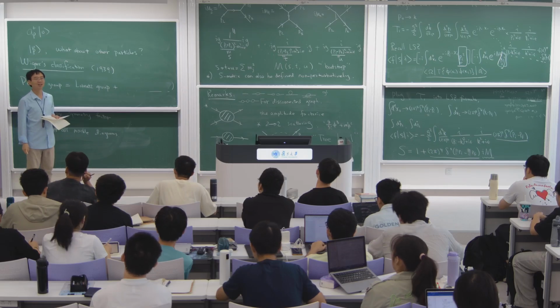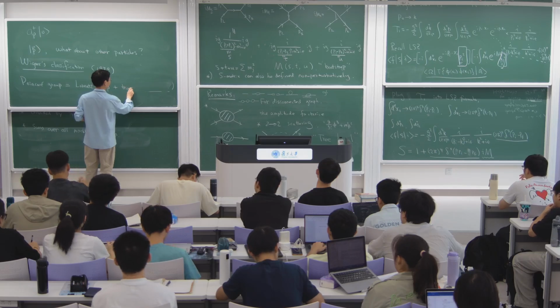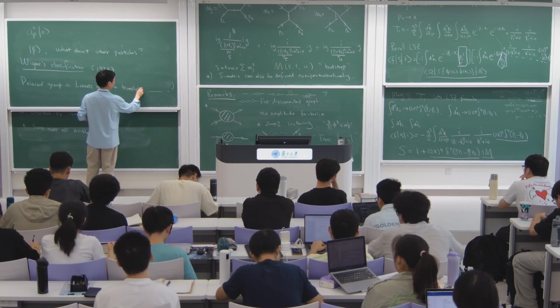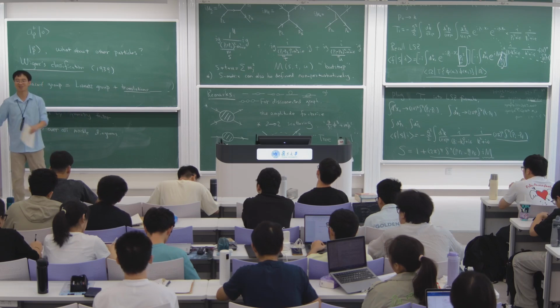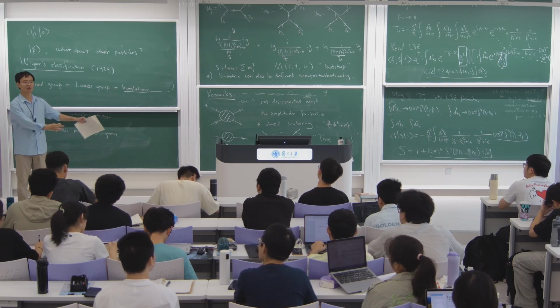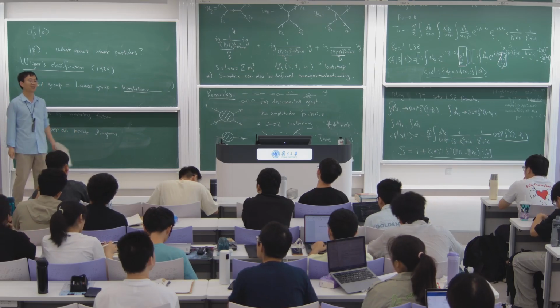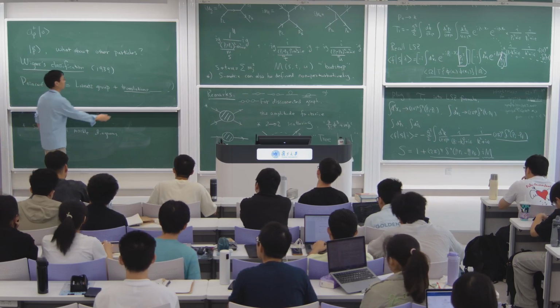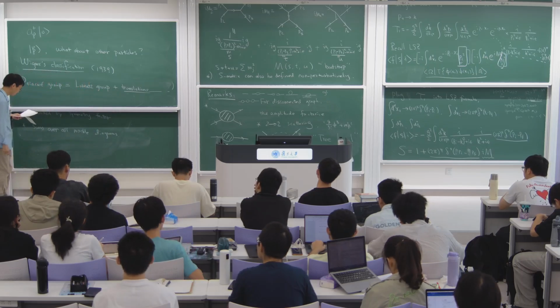Anybody knows? Right, translations. Because in the Lorentz group we didn't include translation. Of course, we know translation is a good symmetry. You translate from this place to that place, the experiment is going to be the same. So the translation symmetry plus the Lorentz group form the so-called Poincare group.